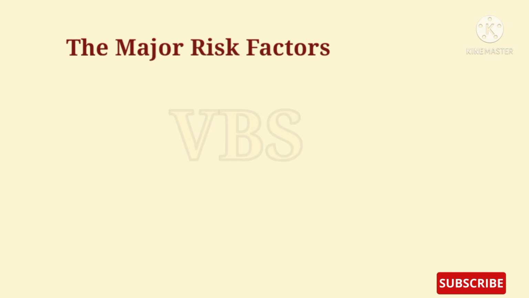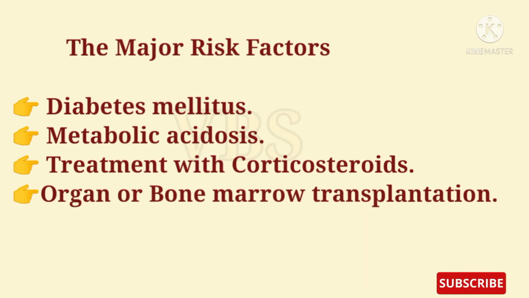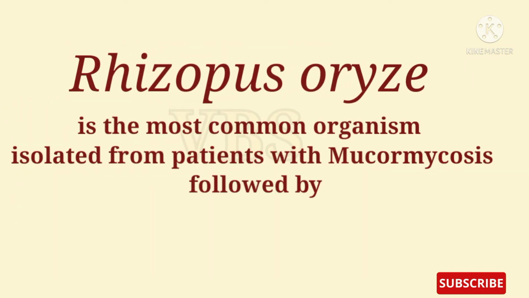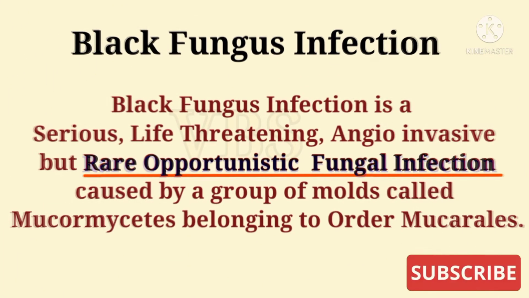The major risk factors for mucormycosis include diabetes mellitus, metabolic acidosis, treatment with corticosteroids, organ or bone marrow transplantation, neutropenia, trauma and burns, malignant hematologic disorders, etc. Rhizopus oryzae is the most common organism isolated from patients with mucormycosis, followed by Mucor species. Thus we learned why we are calling black fungus infection an opportunistic fungal infection.